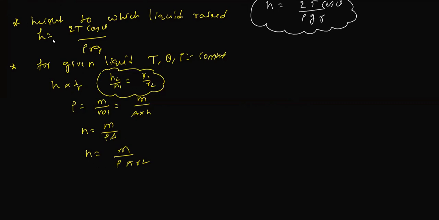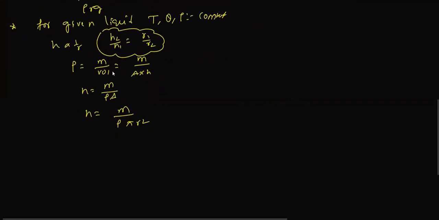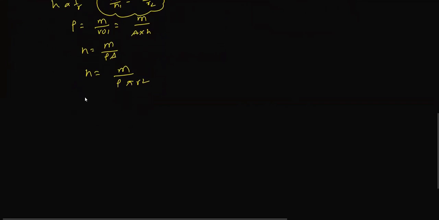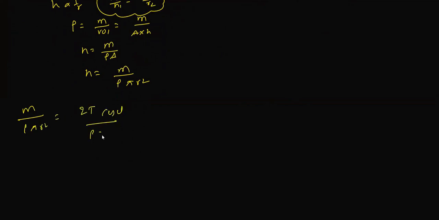We have another formula, h equal to 2T cos theta by rho r g. We are going to equate both: m by rho pi r square equals 2T cos theta divided by rho r g. If you observe, density will get cancelled, one r will get cancelled.